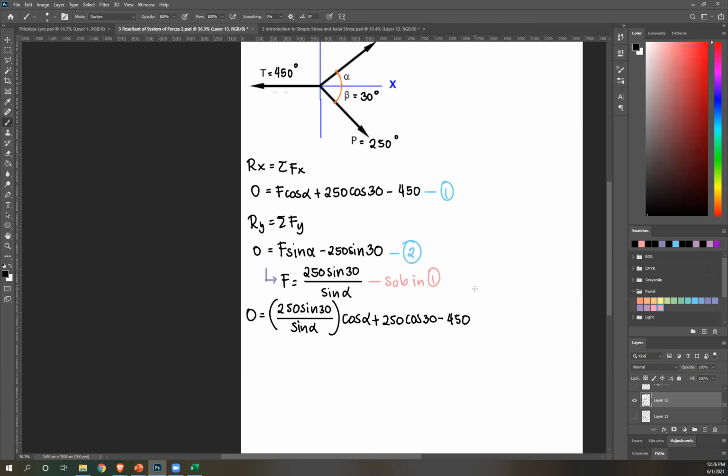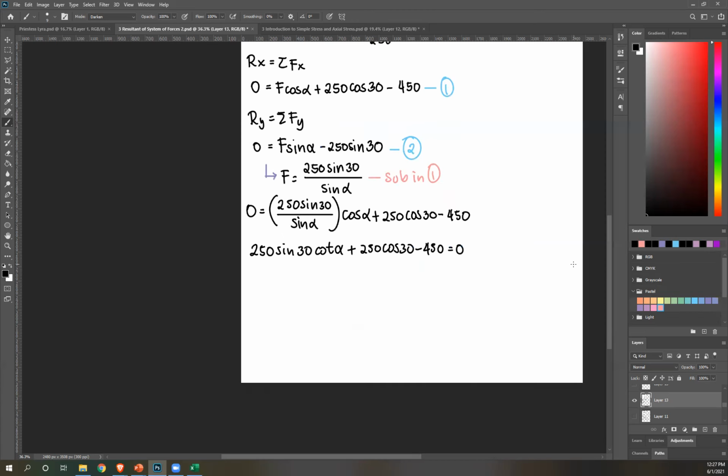Simplify all of this. I'm going to move 0 to the right so that it looks neater. Cosine alpha over sine alpha, that's cotangent, right? Cosine over sine. So this becomes 250 sine 30 cotangent alpha plus 250 cosine 30 minus 450 equals 0.